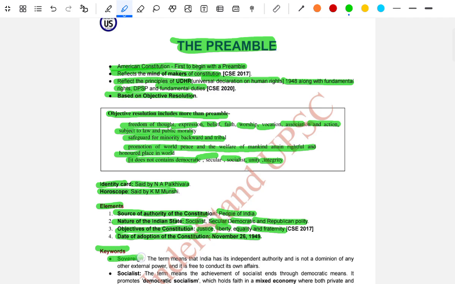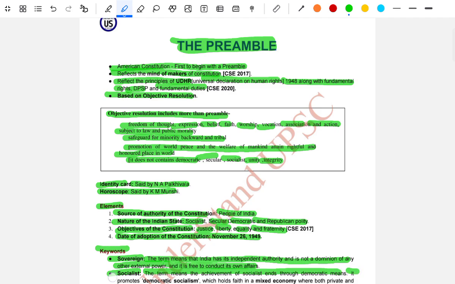Keyword: sovereign. The term means that India has its independent authority and it is not a dominion of any other external power, and it is free to conduct its own affairs. As socialist, the preamble means to achieve the socialist end through democratic means.